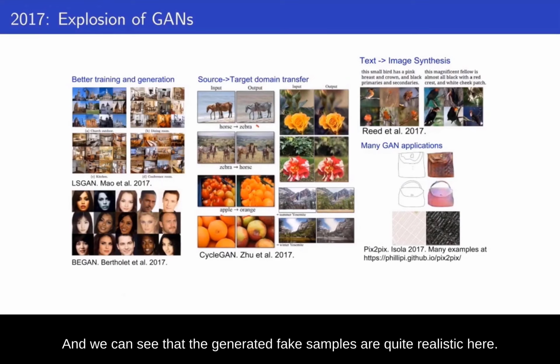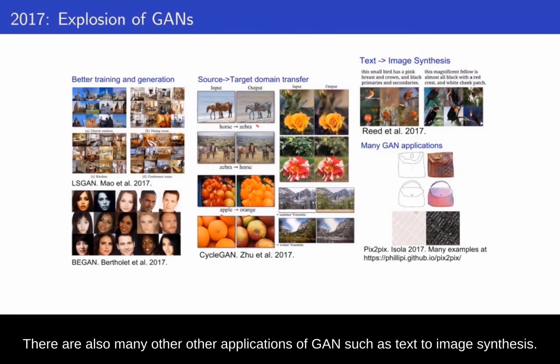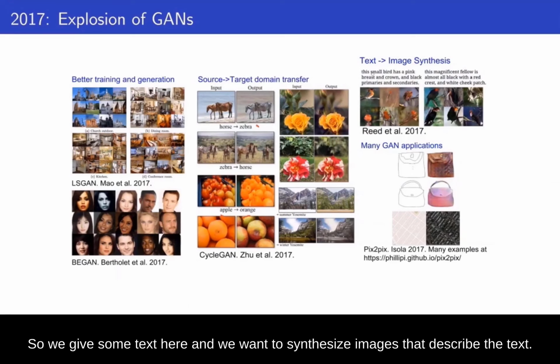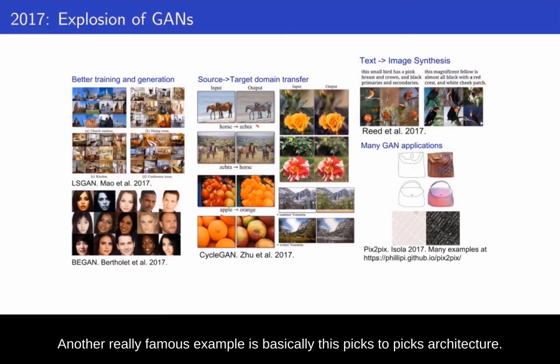There are also many other applications of GANs, such as text to image synthesis. So we give some text here and we want to synthesize images that describe the text. Another really famous example is the pix2pix architecture.